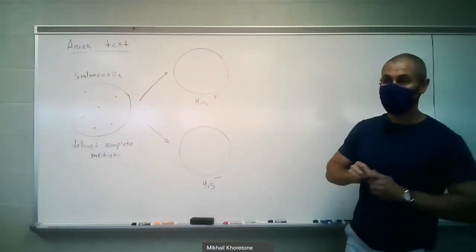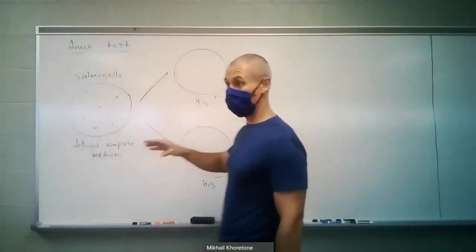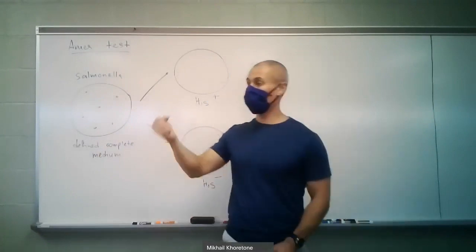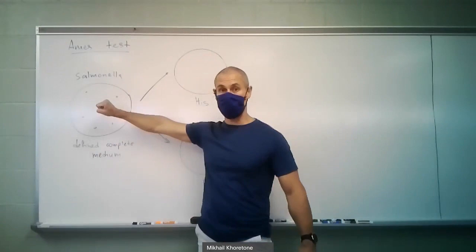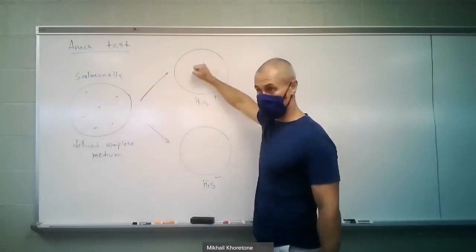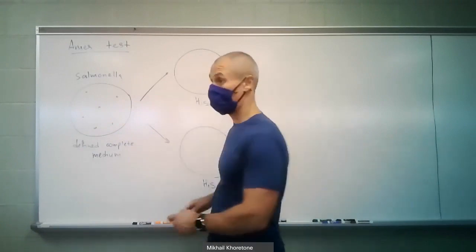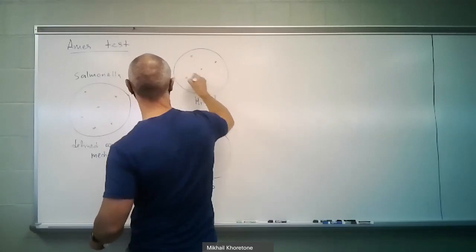Now look at this. I told you before that this medium and this medium are the same. So what you do, you take a little velvet stamp, put the stamp on the colonies, transfer them on this medium. Okay? You can expect exactly the same pattern of growth.